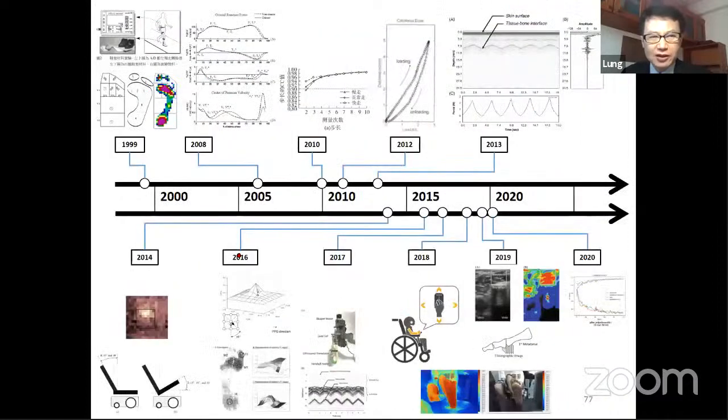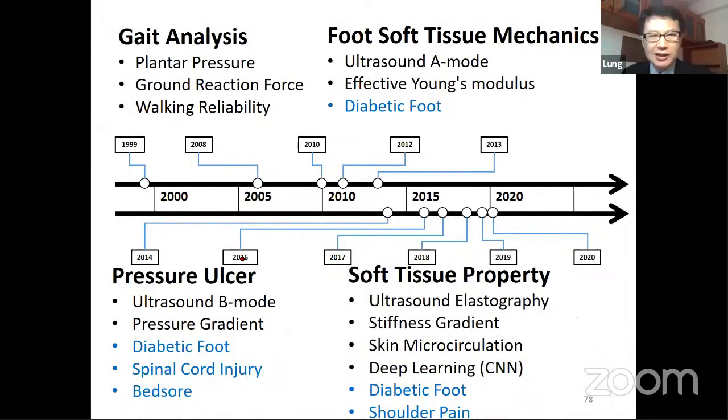After that, I did a lot of searching, and it gives us this: from foot gait analysis to foot soft tissue, then to plantar pressure, then to soft tissue property. Sorry, wait a minute, my mouse is not working.